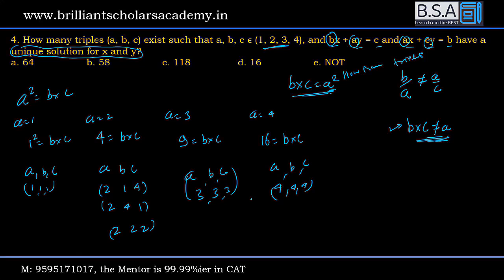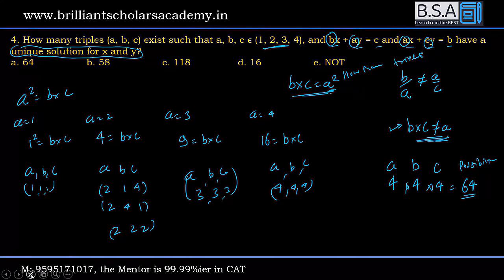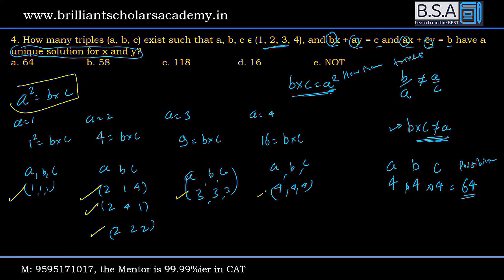Listen to my explanation here. A has got 4 options. B has got 4 options. C has got 4 options. There are 64 possibilities. And whatever I found out for you, I have found out where A square is equal to BC. One possibility, 2, 3, 4, 5, and 6. I cannot allow these six possibilities.